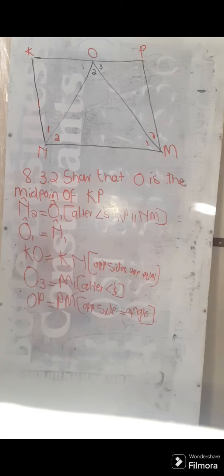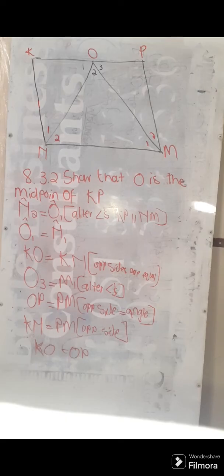Yes, and then you're going to say KN equals PM, and that is the opposite side as well, and therefore KO equals OP, and just like that we have proven that O is the midpoint of KP.